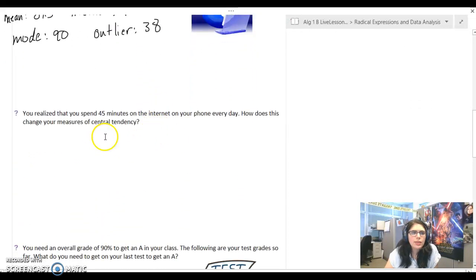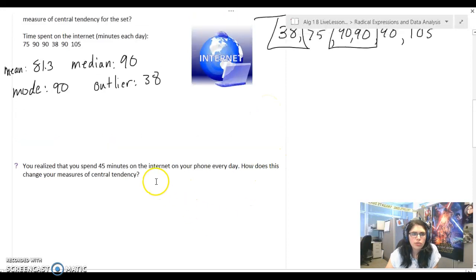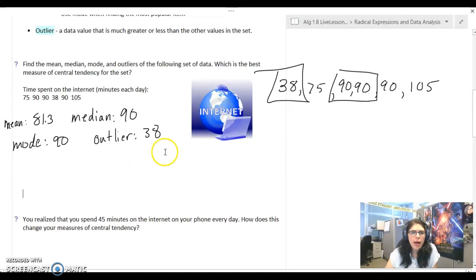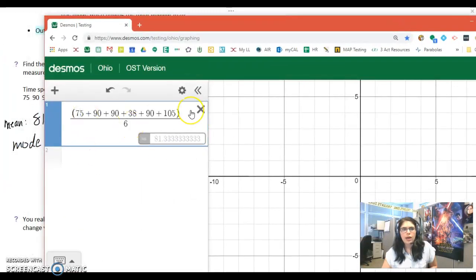All right. The next one says that you realize that you spend 45 minutes on the internet on your phone every day. How does this change your measures of central tendency? What ends up happening, and you can do the calculations yourself, is you can add 45 to each of these.